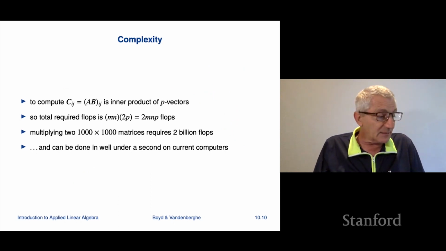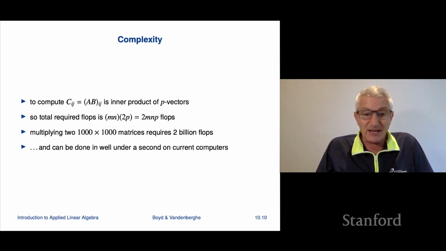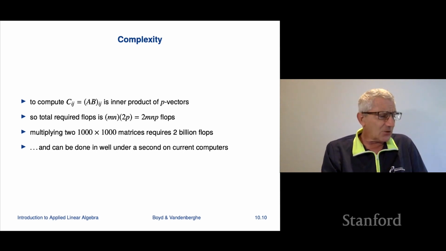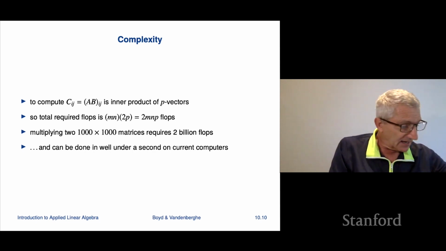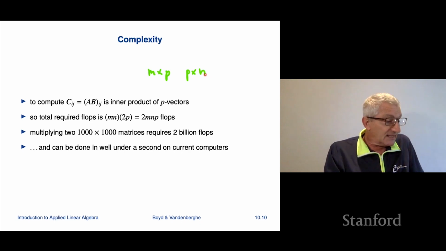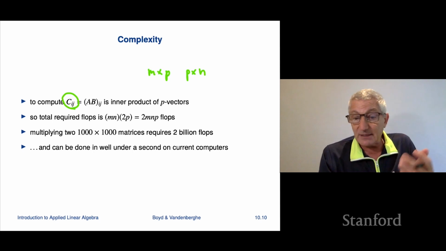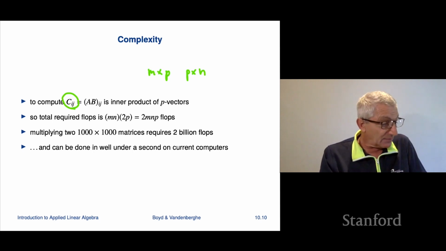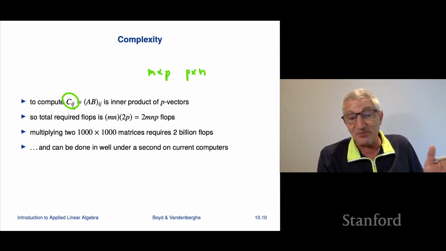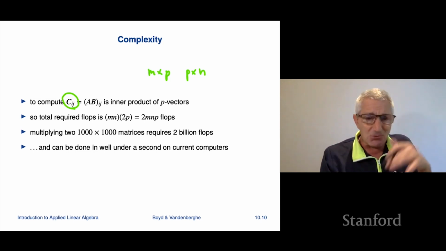Let me say a little bit about the complexity of multiplying two matrices. Actually, this is a super interesting topic. I might say a little bit about it in a minute. But the basic way is, here A is M by P, and B is P by N. Every entry of C is basically an inner product. You know that the number of flops to calculate a P-long inner product is actually 2P minus 1, but we skip the minus 1 and no one pays any attention.